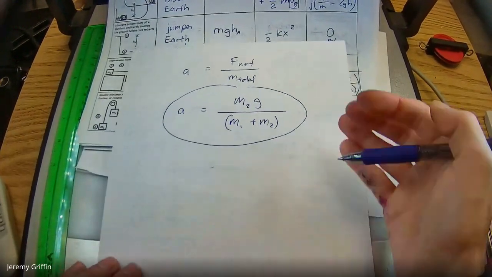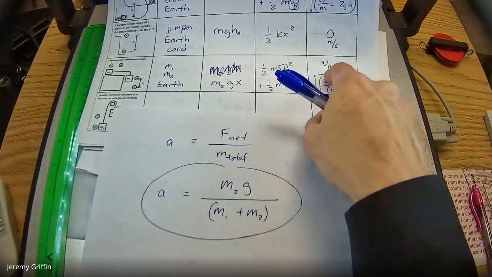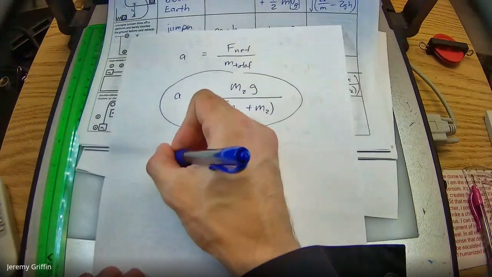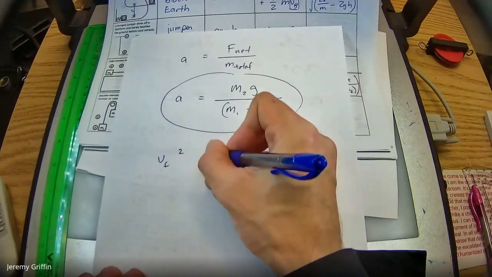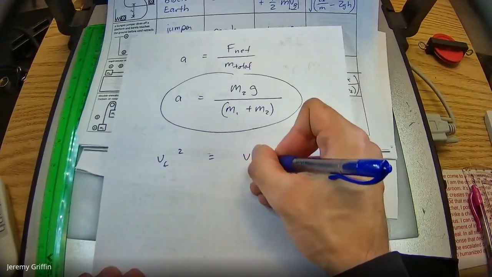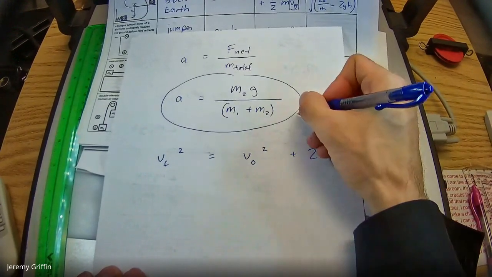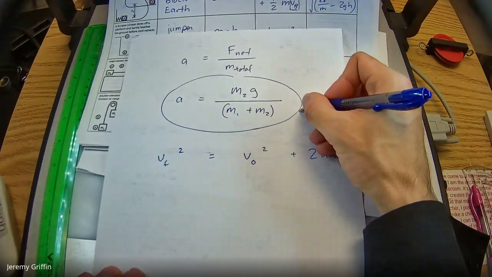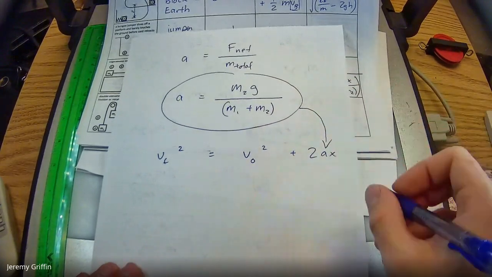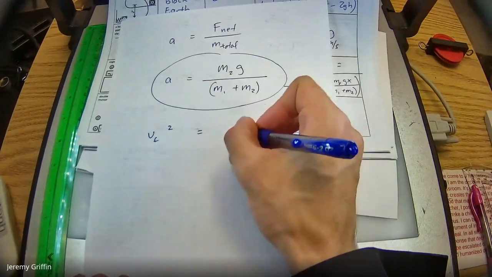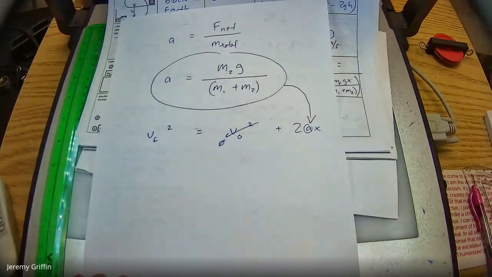Then if you want to figure out the speed at the end of some interval, you have to go back to kinematic motion. Here's the formula we used before. We're just going to use it again. It's that third kinematic formula: vf squared equals v naught squared plus 2ax. Substitute this expression for the acceleration right there. And it started from rest, so this number just goes to 0 meters per second.